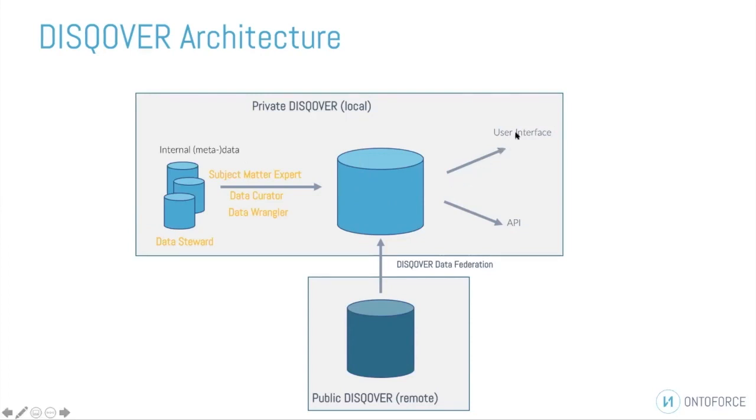As a result, we also have an attractive user interface where you can search and navigate through the data, and there are a number of possibilities to access the data in a machine-readable way. On top of that, we also have what we call DISQOVER Data Federation, which means that DISQOVER data is available in a public version of our system.